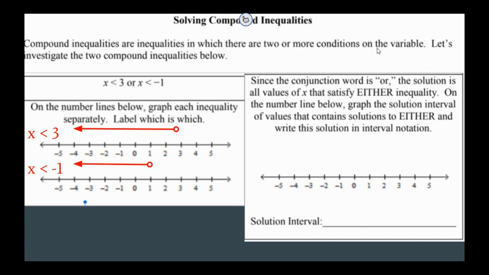They're both pointing to the left, right? They're going in the same direction. Now this one says the conjunction word is or, which means it can satisfy either one of these. So on the number line, graph the solution interval that contains a solution to either one of them.